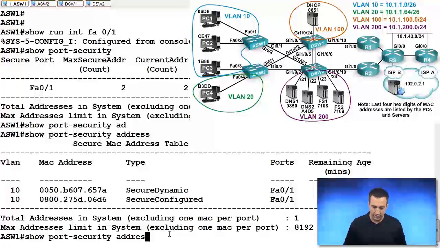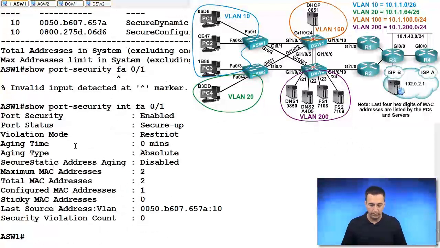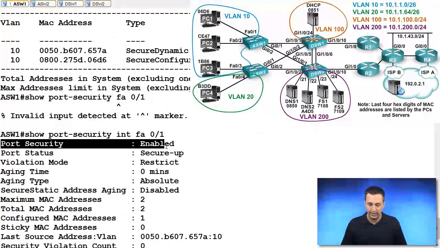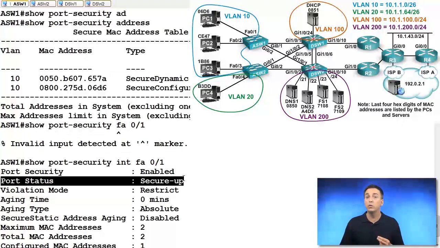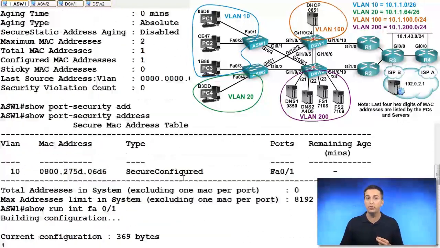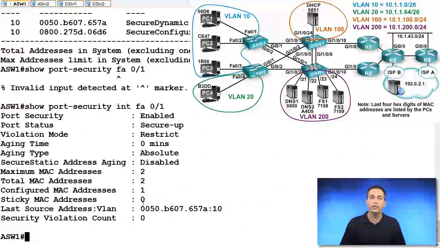And now if we examine the output of show port-security interface FastEthernet 0/1, we'll see from this output that now port security is enabled. We are secure-up, whereas before we were what? Let's go back up and check that out. We were secure-down. Scroll back down here.